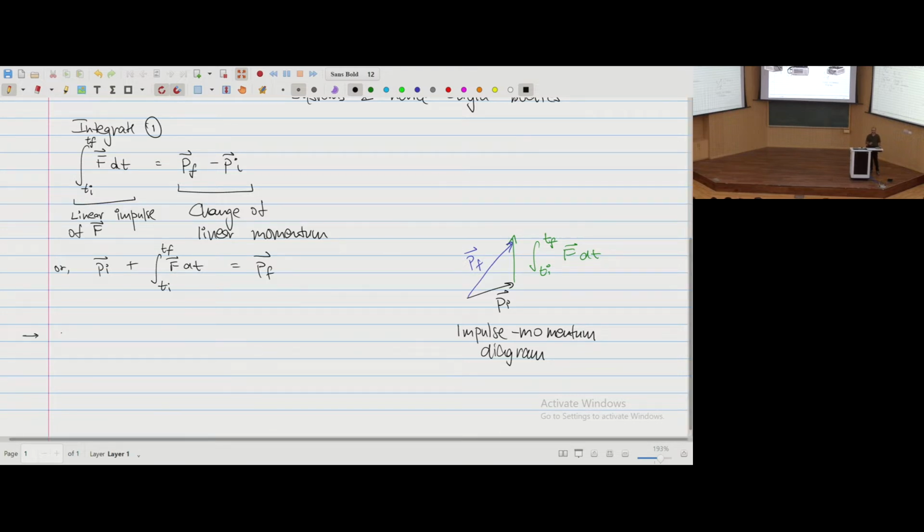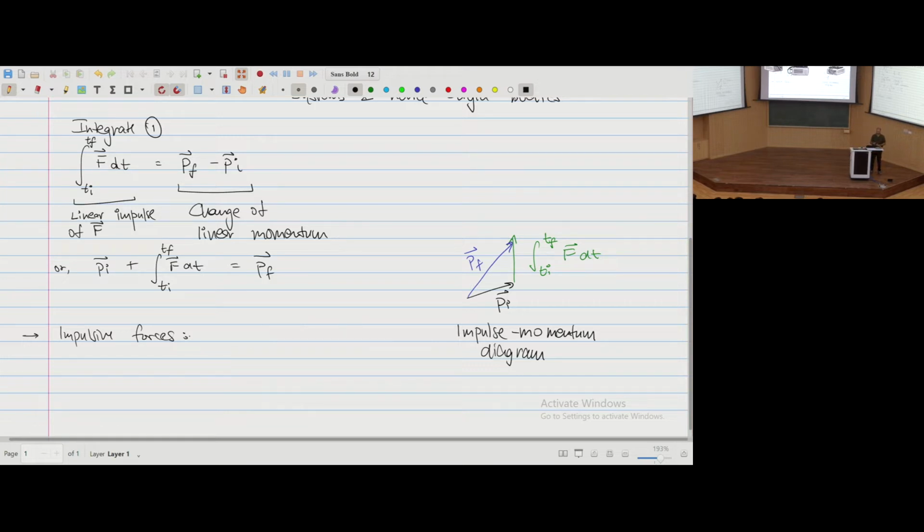Now, we classify forces as impulsive and non-impulsive forces. Impulsive forces are large forces that act over a short period of time. We know that from collision. We have studied collision to a great depth in terms of problem solving. Typically what happens during collision is a large force acts on a body for a very short duration of time.